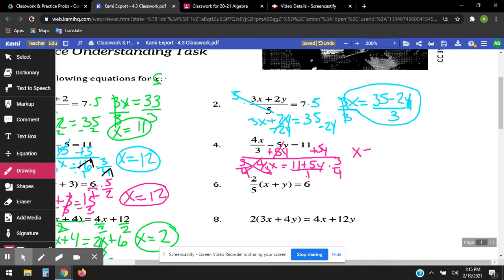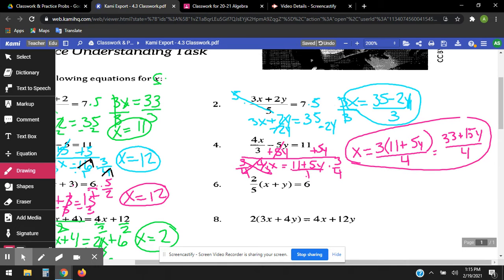So when I go to simplify, 3 times all of that has to stay in parentheses, or I have to distribute it. 1 times 4 is 4. So I can leave it just like that, or I could simplify it to 33 plus 15y over 4. Either one of those would be acceptable answers.